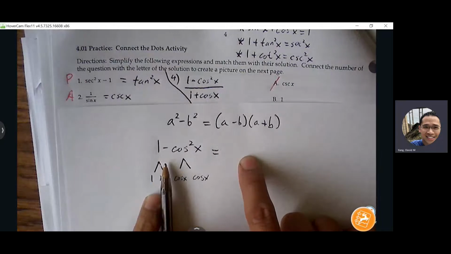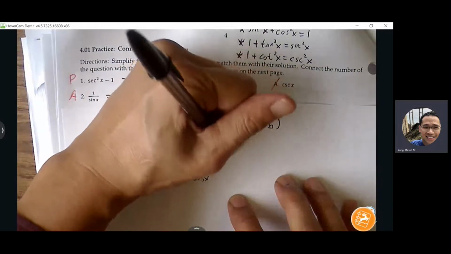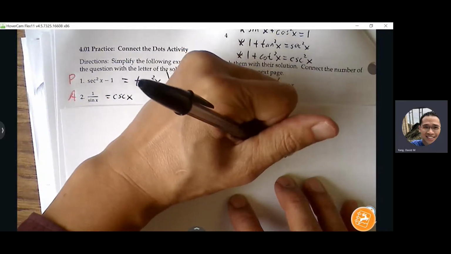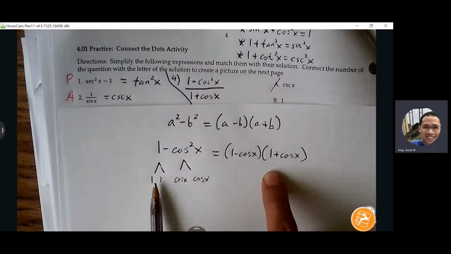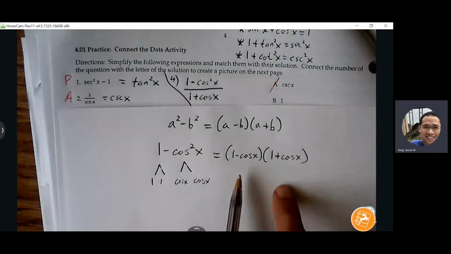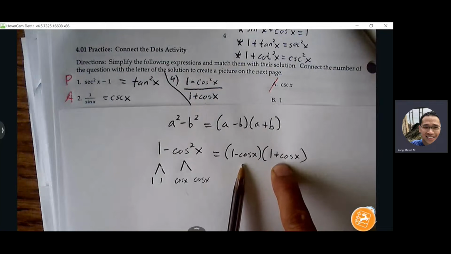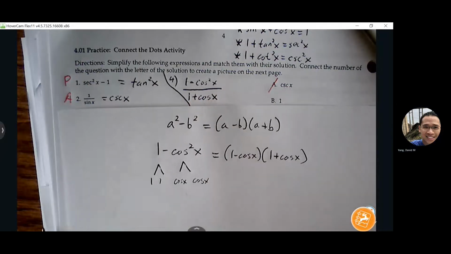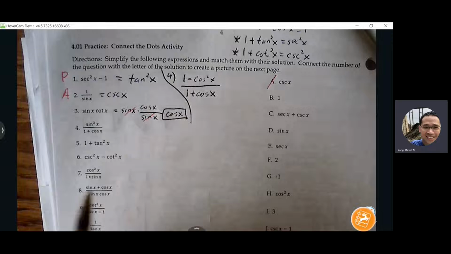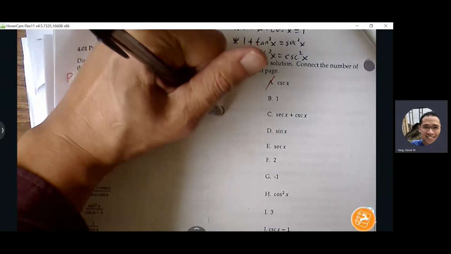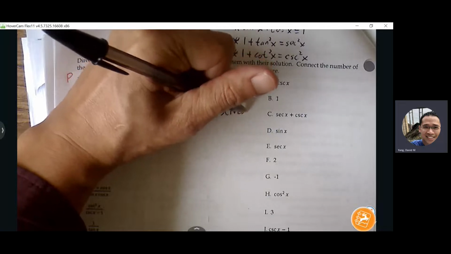So 1 minus cosine squared x can be broken down into 1 minus cosine x times 1 plus cosine x. Okay, do we see that relationship there? They're both perfect squares. We can break them down into individual parts. Now that you have your individual parts showing, now you can begin to see how we can cancel things out.